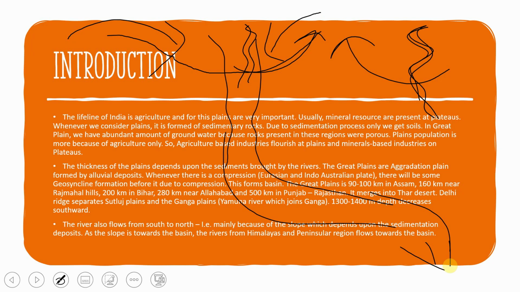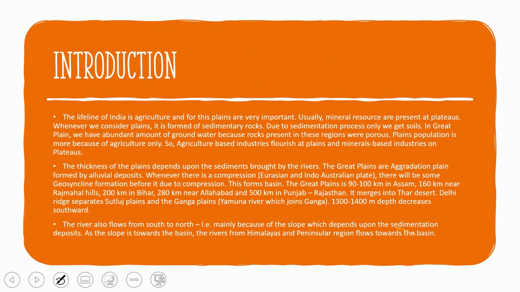Okay, this is what I have explained in very layman terms. I hope you understand it. The lifeline of India is agriculture, and for this plains are very important because they need alluvial soil. Usually mineral resources are present in plateaus, whereas plains are formed of sedimentary rocks.